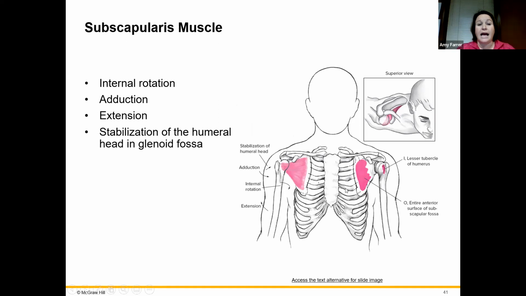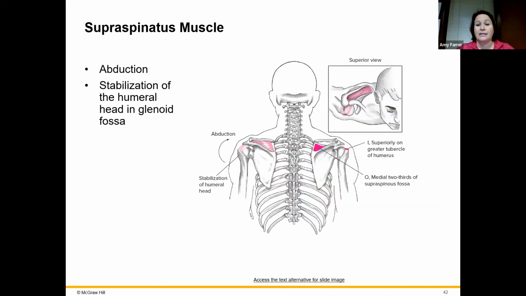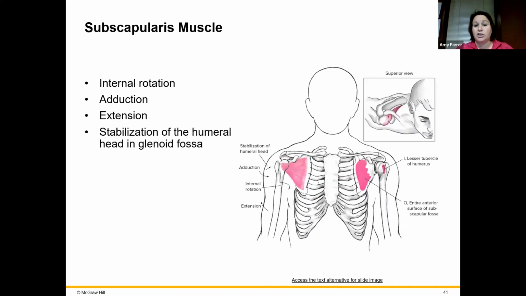And again, as with all of the rotator cuff muscles, it is a stabilizer of the humeral head, okay? So it is the anterior aspect. If we look at this, there's no real great way to put your fingertips on it. So to do a direct mobilization and to work on that muscle, you kind of have to go through the armpit and reach over and work on it. It is not comfortable, okay?